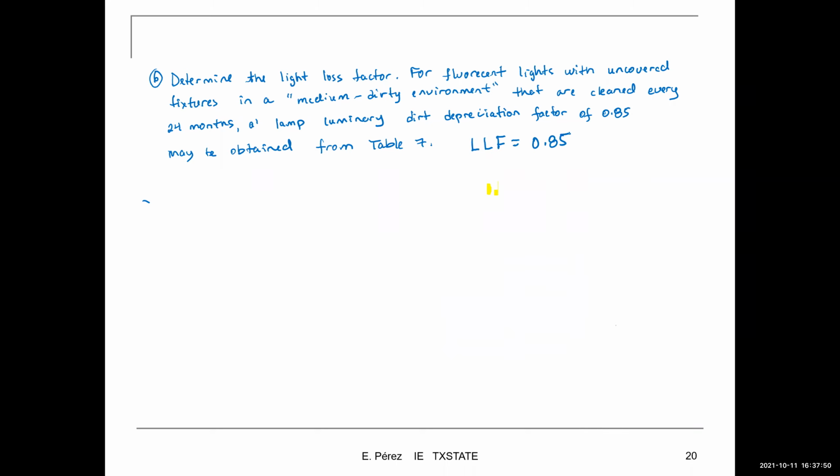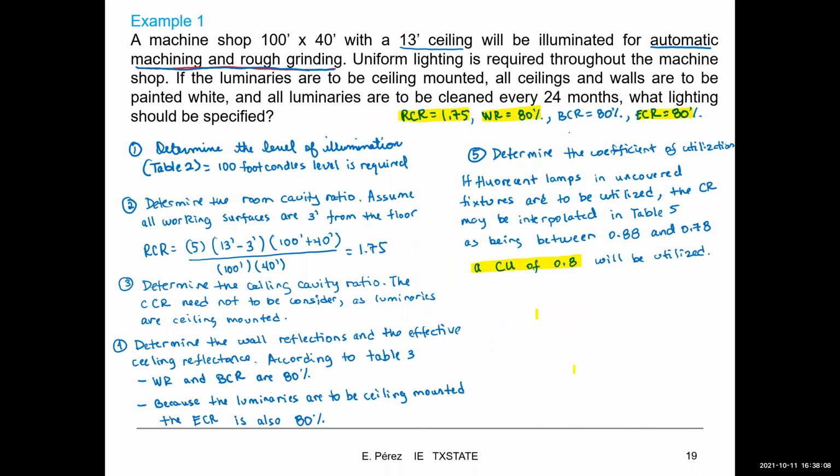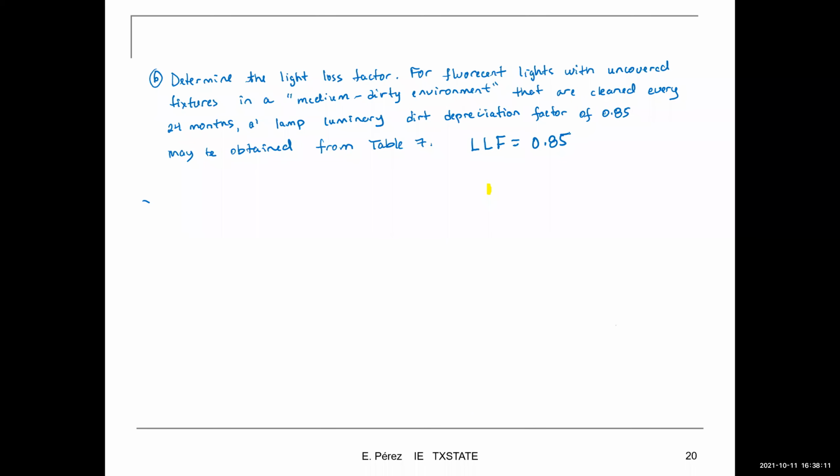So to calculate the number of lamps, we have this equation: required level of illumination, the area to be lit, the coefficient of utilization, the factor that we just computed, and the lamp output at 70% of rated light. So, calculate the number of lamps.